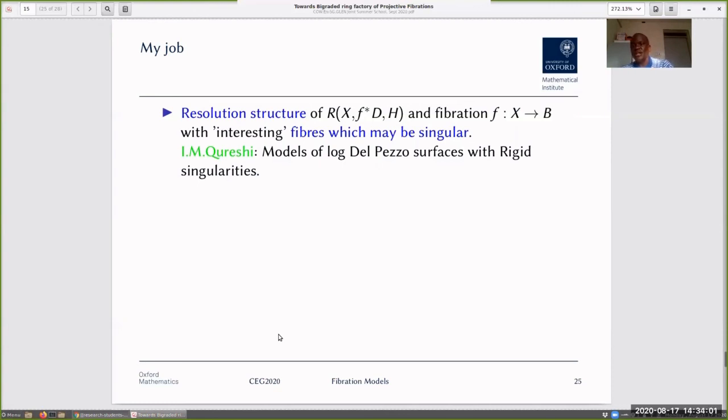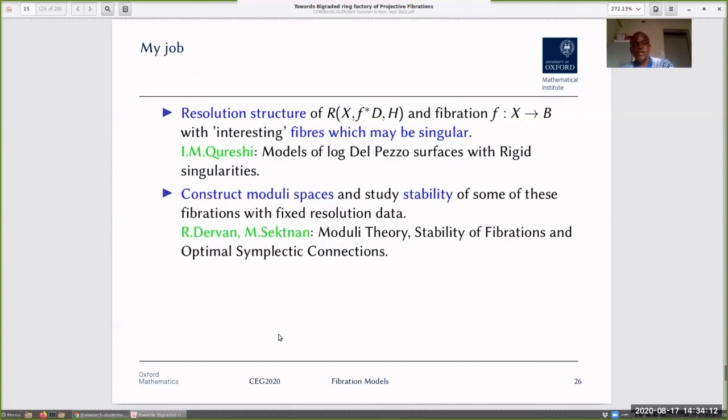So using this and the setup that I have explained, we can get fibrations with fibers log del Pezzo surfaces with rigid singularities. I'm also interested in constructing moduli spaces and studying stability conditions on them, GIT stability or other definitions of stability on fibrations.